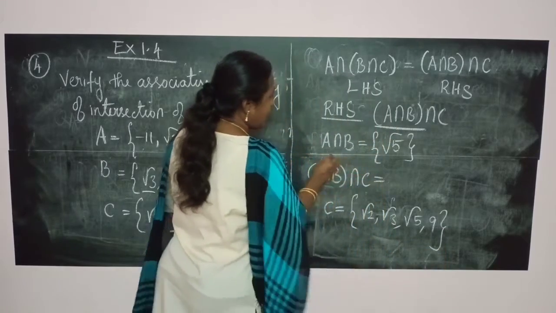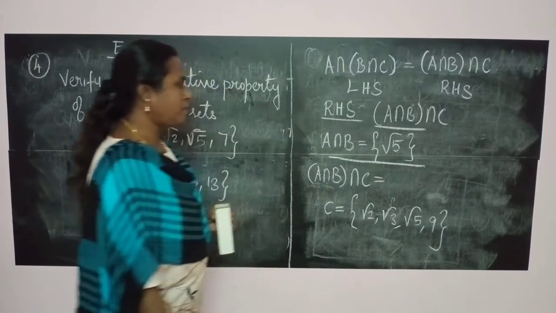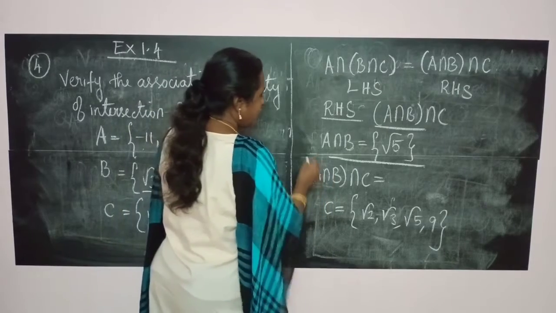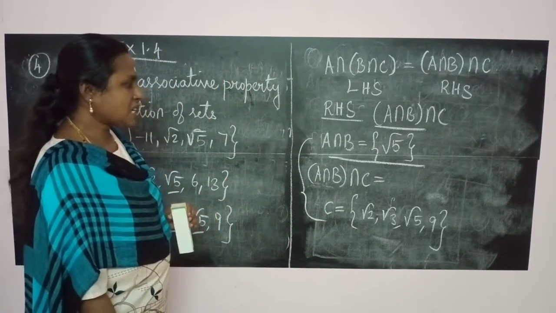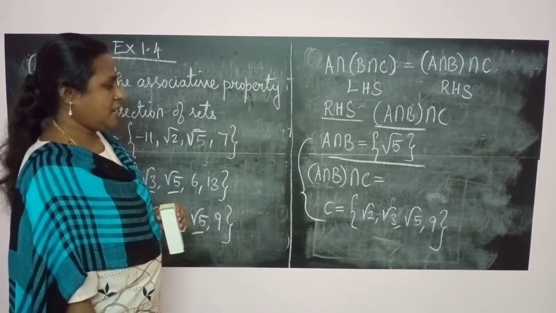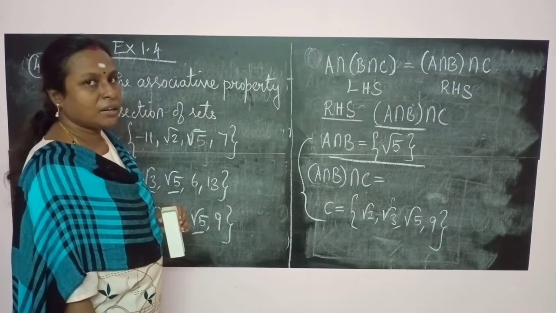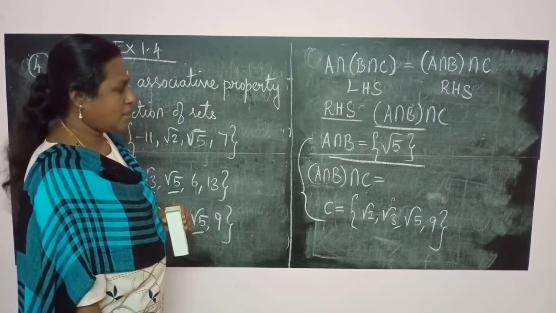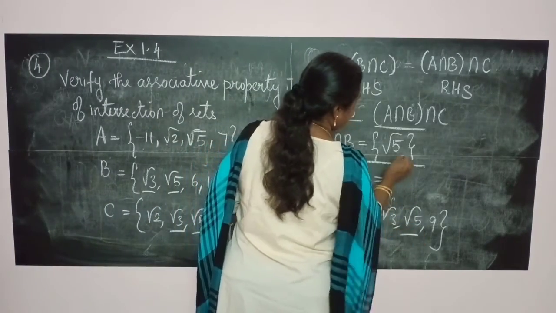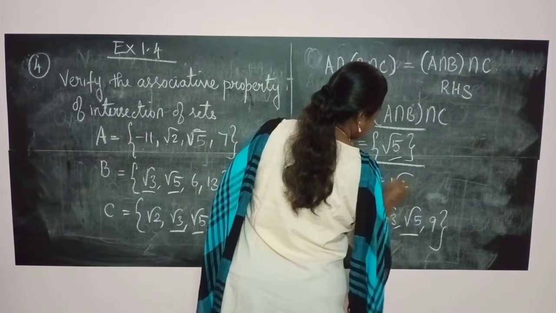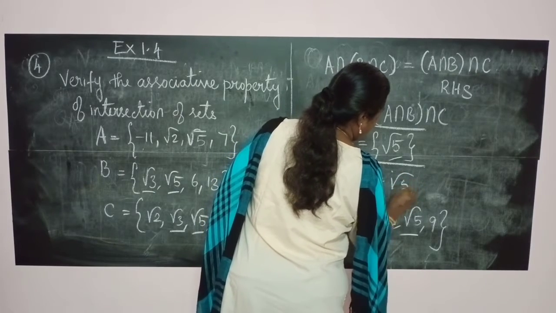So here you know the A intersection B. You have to check the elements common in A intersection B and C. What are the elements common in A intersection B and C? It is only root 5. Only one element is there, so it is going to be the common element.